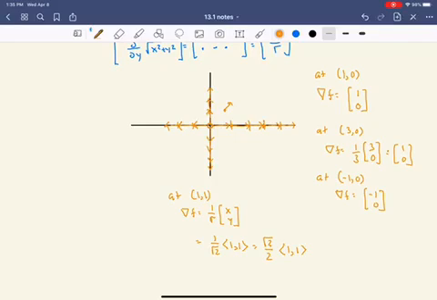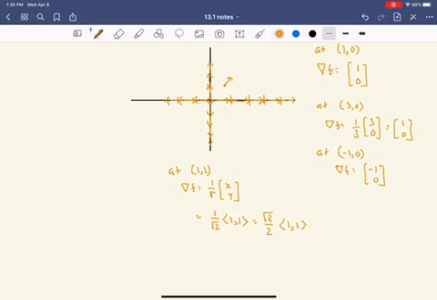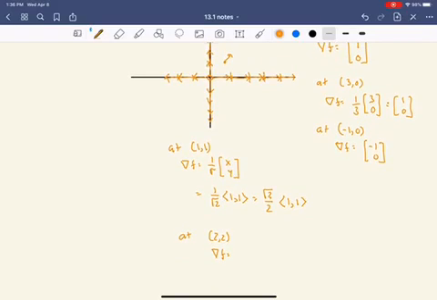You could probably guess it's going to do the same thing no matter where, right? So at (2, 2), it's going to be 1 over 2 root 2 times (2, 2).